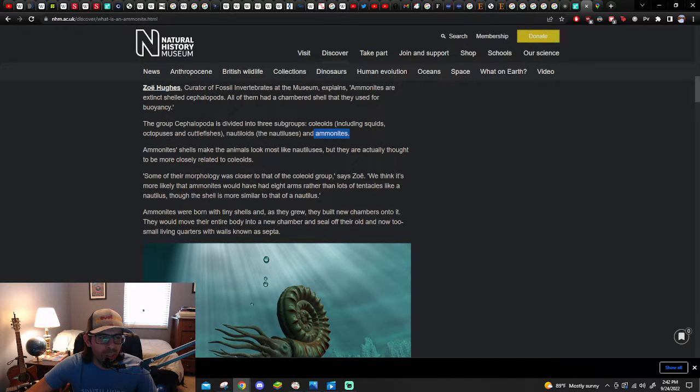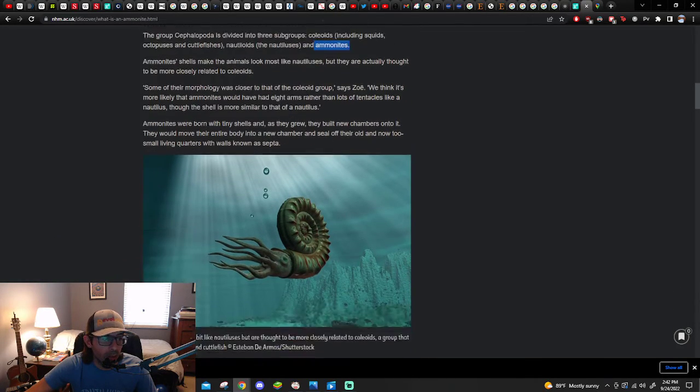Their shells make the animals look like nautiluses, but they're actually thought to be more related to squids, octopus. Some of their morphology, we think it's more likely ammonites would have had 8 arms rather than lots of tentacles.